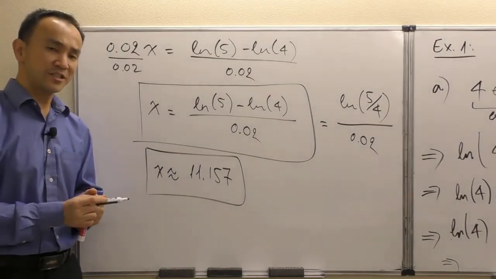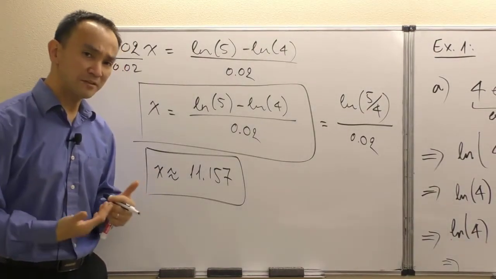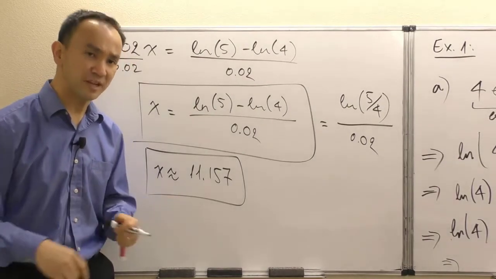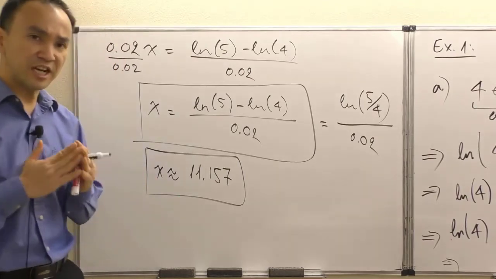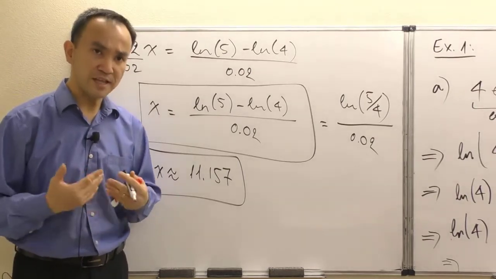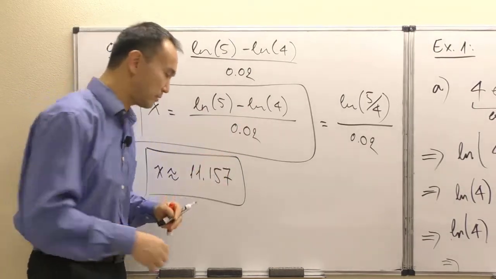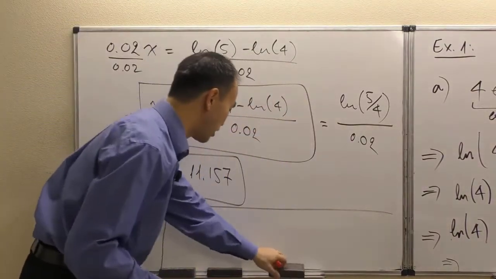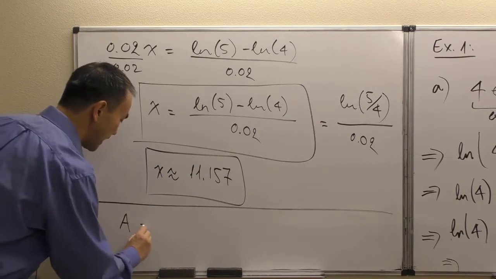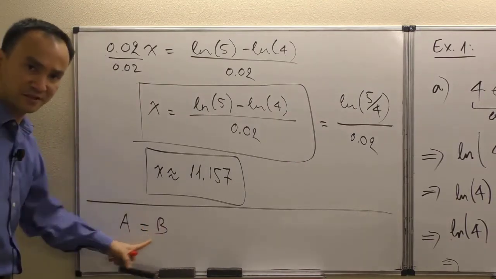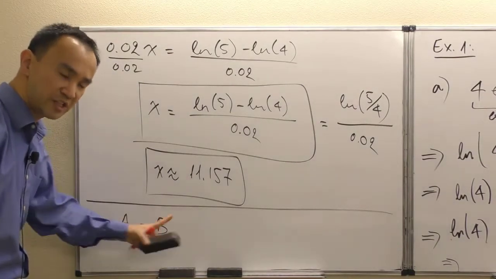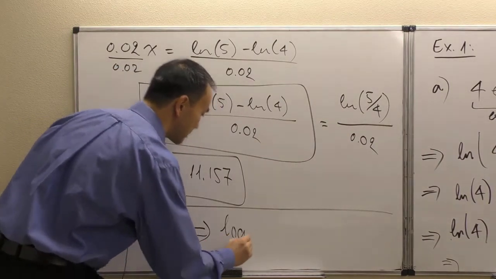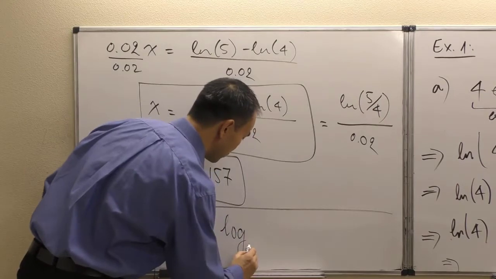Let's talk about this problem in part A a little bit more before we're completely done. The essential method introduced in this problem, allow me to write this in a small space, is that if we know we have two expressions equal to each other, then we can always take a logarithm, whatever base we choose.